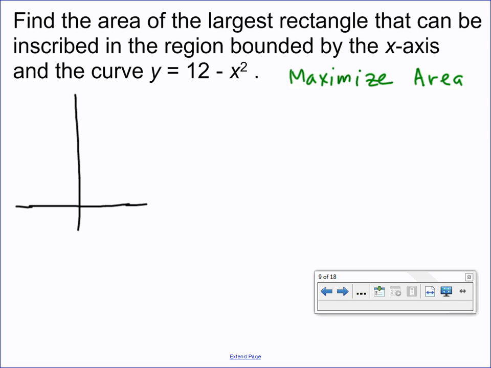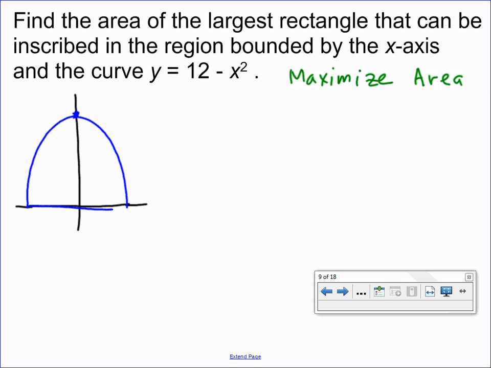So a parabola upside down, same steepness, but vertex shifted up 12 units, yes? It looks like (0, 12) would be the vertex, and then upside down. And then within that region, we've got a rectangle.